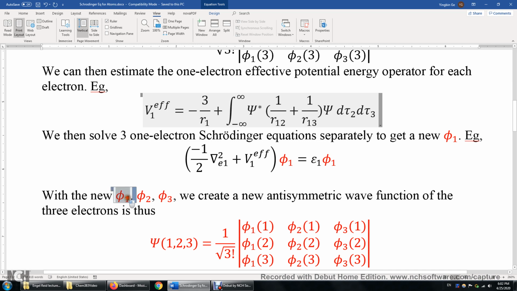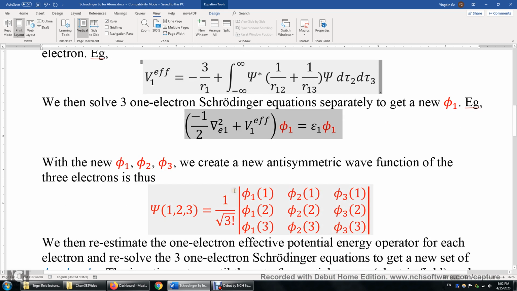With the new phi1, phi2, and phi3 in red, by solving these three equations, we can create now a new antisymmetric wave function of the 3 electrons. Again, we'll have to use the new phi1, phi2, phi3 here to create a new psi of the 3 electrons.